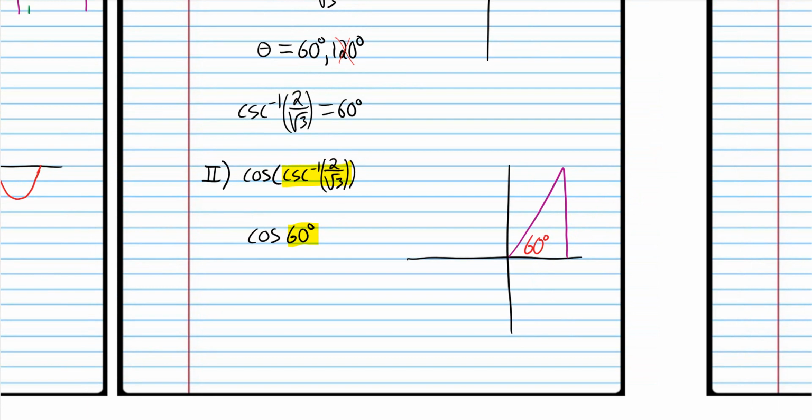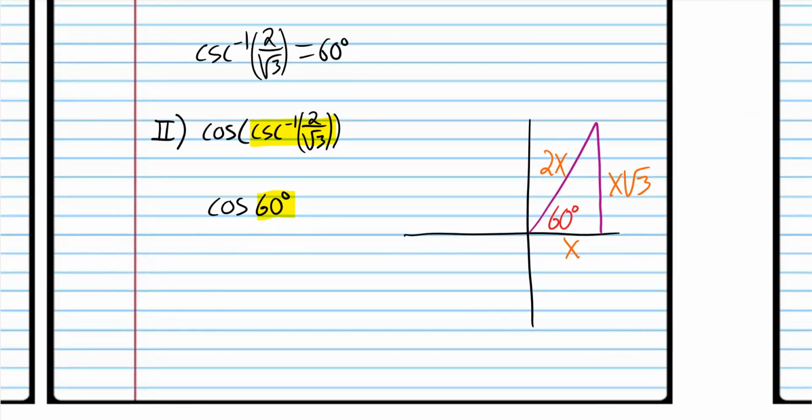And the opposite side must be x root 3, adjacent's x, hypotenuse 2x. Again, this is a 30, 60, 90 degree triangle. So cosine is the adjacent side divided by the hypotenuse. The x's cancel out, and you're left with 1/2. So if you got that right, excellent.